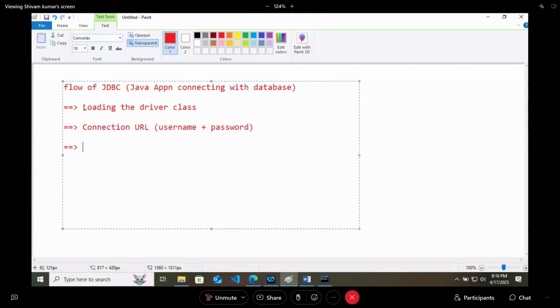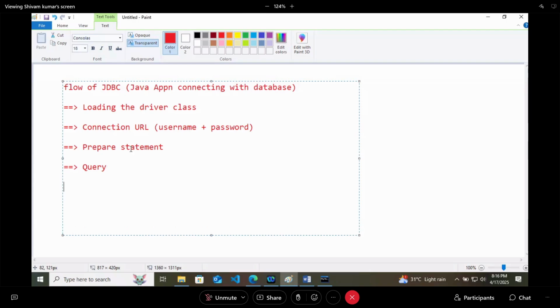After loading the driver class, we will make a connection. Then after this, you can say two things: that we will prepare the statement, or that you will create a query and then pass it. These are interchangeable steps.